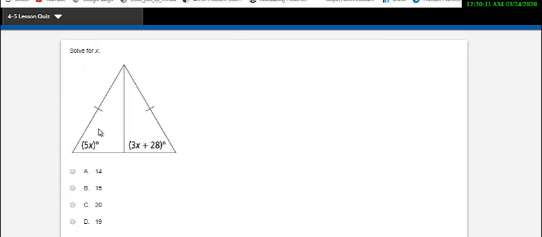In this figure in front of you, there is a triangle that has been given, and it shows that this triangle is an isosceles triangle, which has two congruent sides, illustrated on the figure. The question requires us to solve for x. What do we mean by solving for x? It is to find out the value of x.